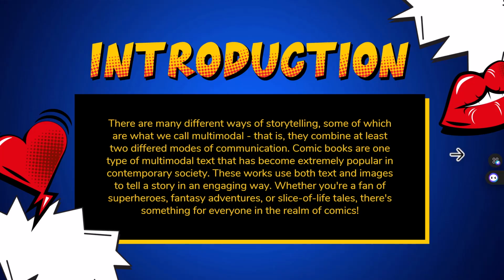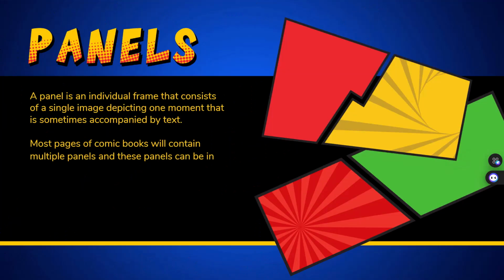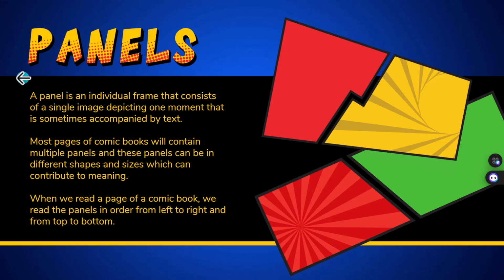So right now, we've talked about the whole idea behind creating a comic book, and how it is a multimodal form of creating stories. Now we're going to talk about the building blocks of comics, which you should pay attention to very well. First, we have panels. A panel is an individual frame that consists of a single image depicting one moment, sometimes accompanied by text.